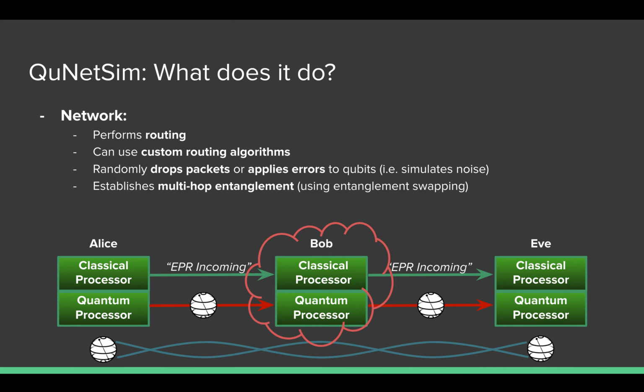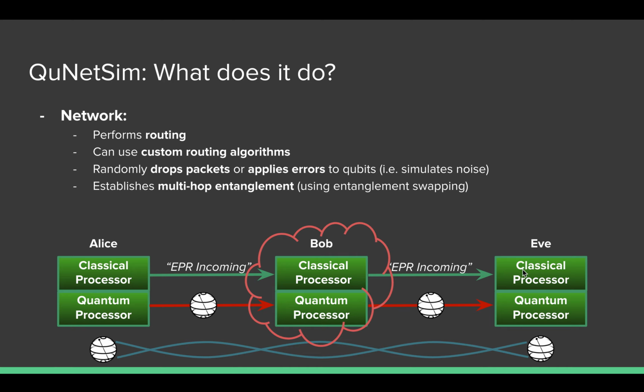And the network can also be used to do multi-hop entanglement. By default, we turn this off because it adds more complexity to the system and makes things a little slower if it's not necessary to simulate this part. But when we turn this on in the network, then actual multi-hop entanglement using the entanglement swapping procedure is actually happening in the network layer. For example, in this picture down here, if Alice wants to send an EPR pair to Eve, first she has to establish an EPR pair with Bob.